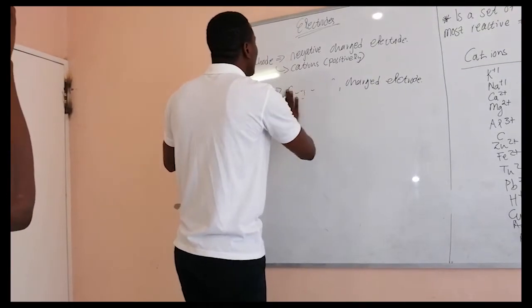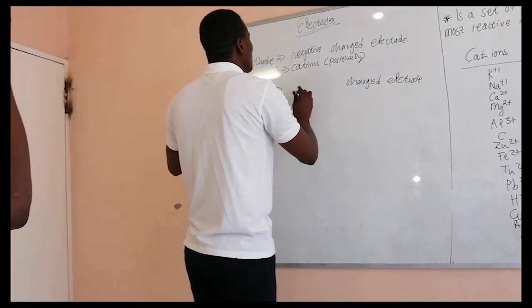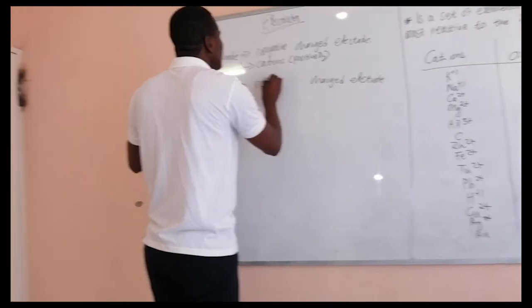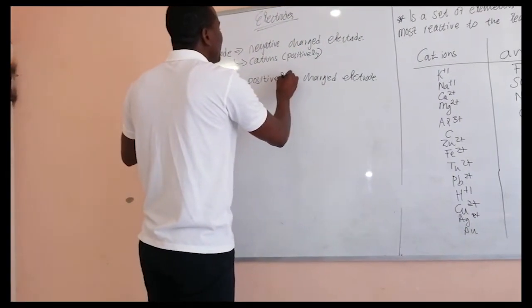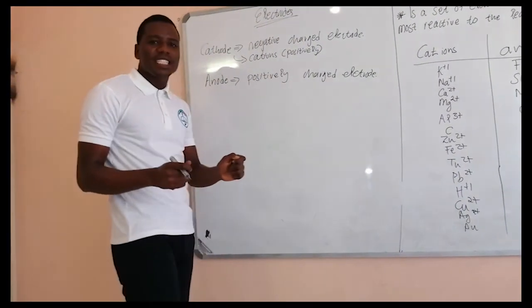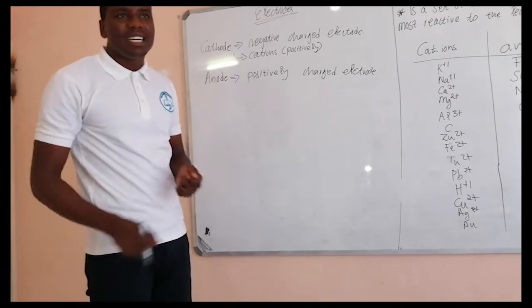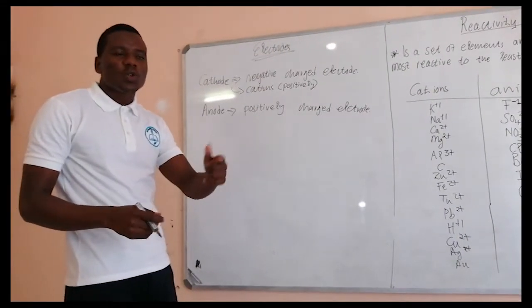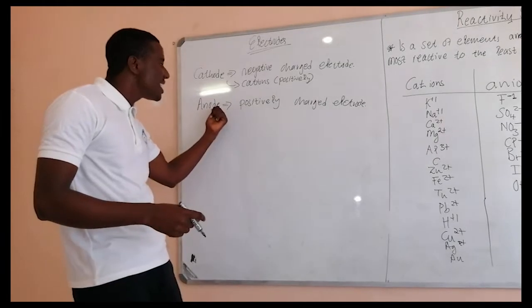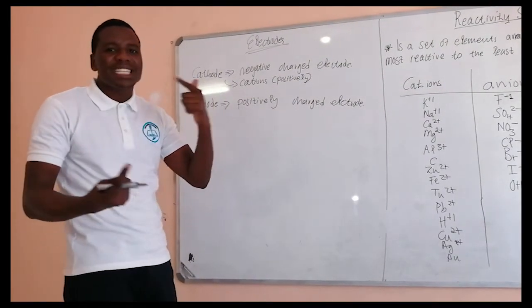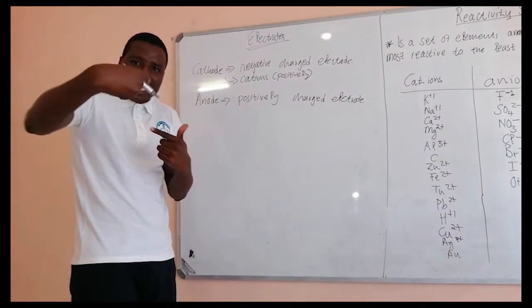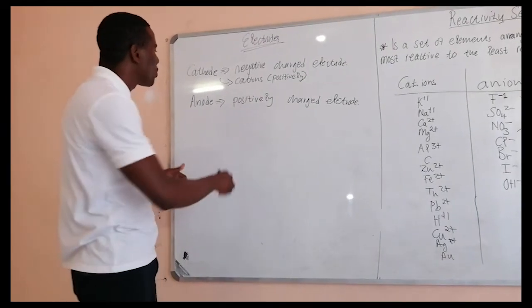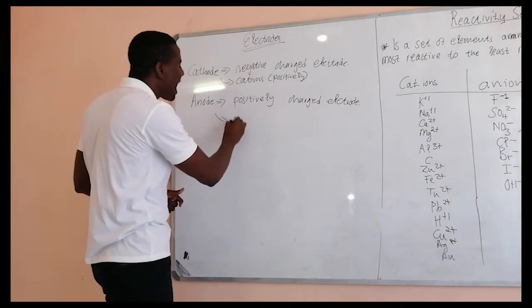And then here, the anode is going to be positively charged, because opposite charges attract. So if the anode is positive, it will attract the negative ions, which come from the anions.